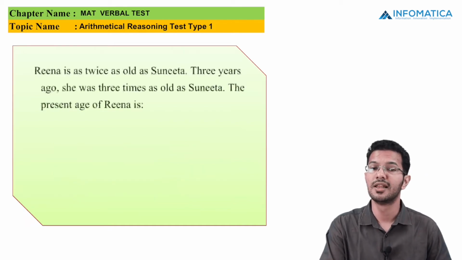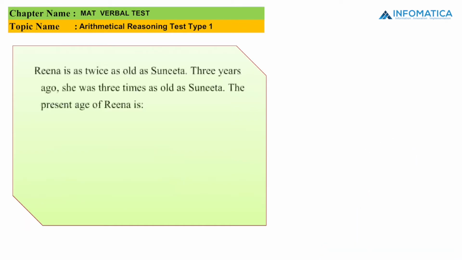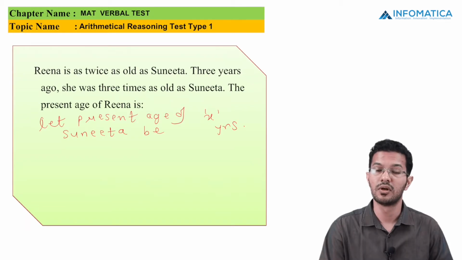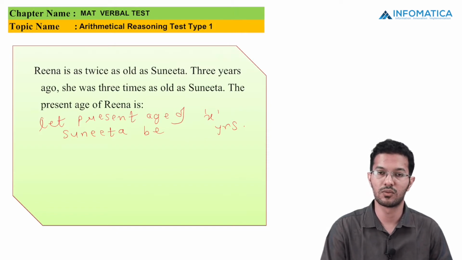So students, let me assume the present age of Sunita as x. So we can say that Reena is 2x years right now.